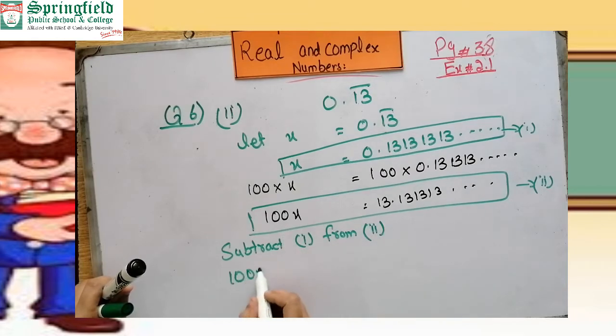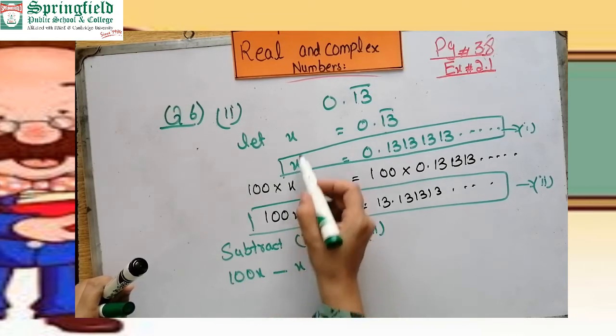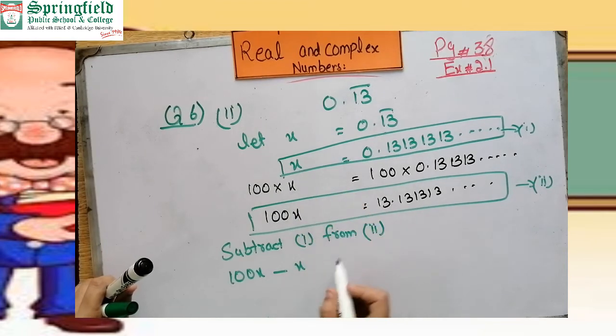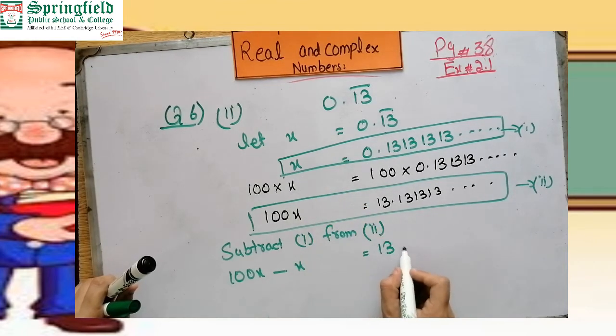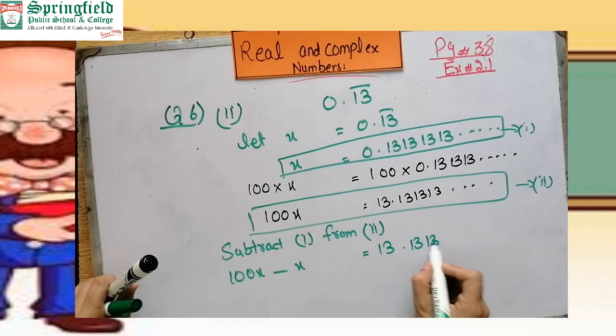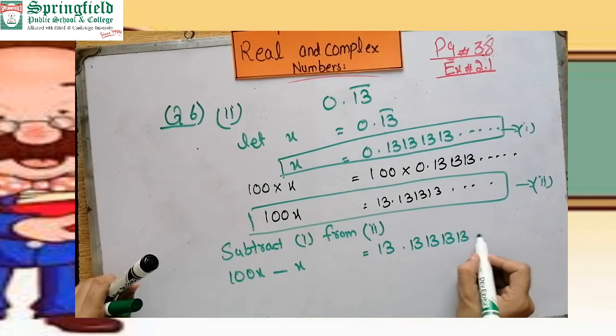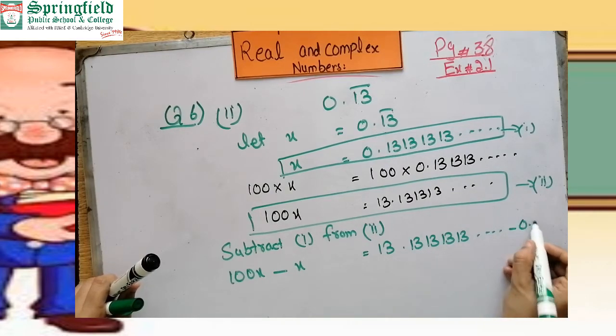Take the second equation's left side minus the first one's left side, and 13.131313 and so on minus 0.1313 and so on.